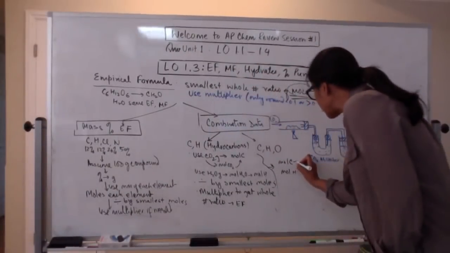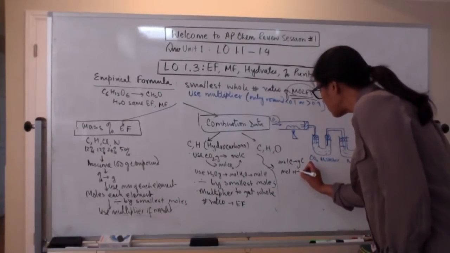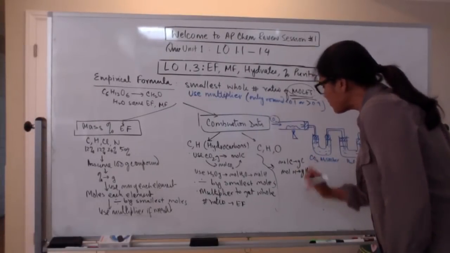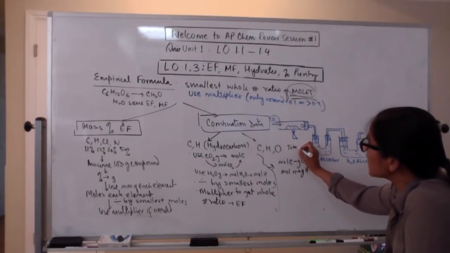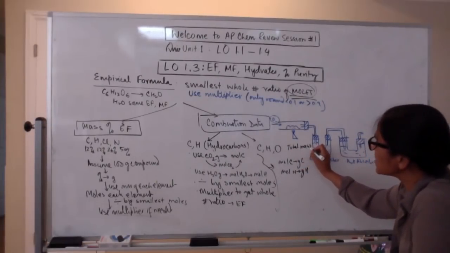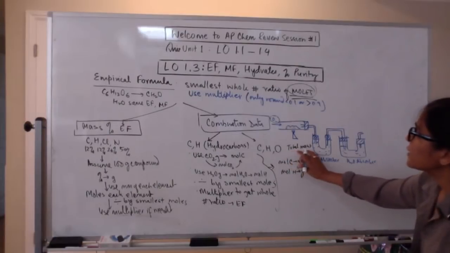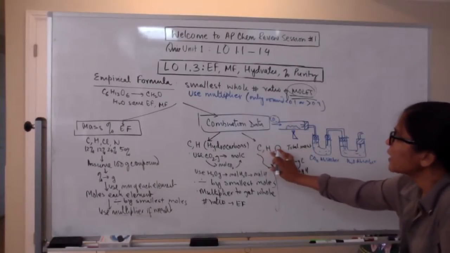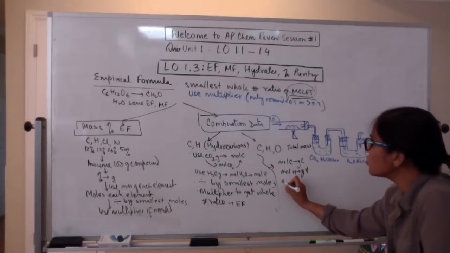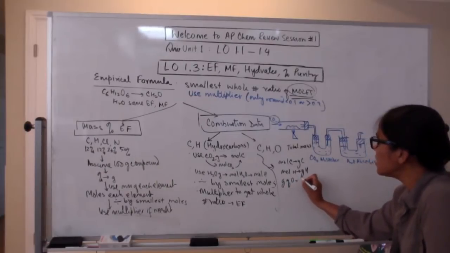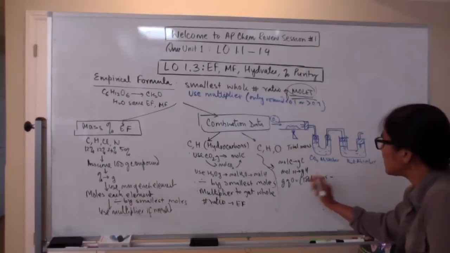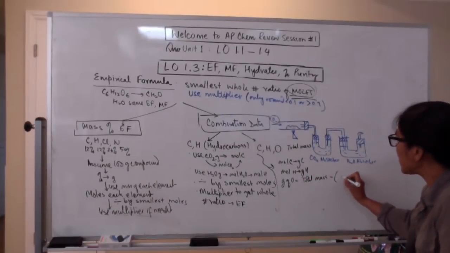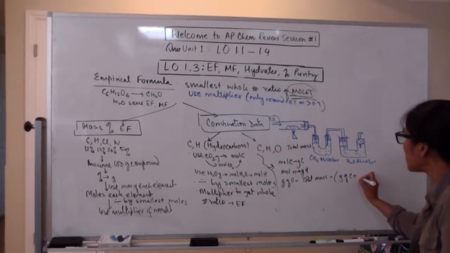From moles of carbon, get grams of carbon, from moles of hydrogen, get grams of hydrogen. They will give you the total mass of the compound. You will need this. And you know that the total mass comes from carbon, hydrogen, and oxygen. So to get grams of oxygen, you take the total mass, and from there, you subtract grams of carbon plus grams of hydrogen.